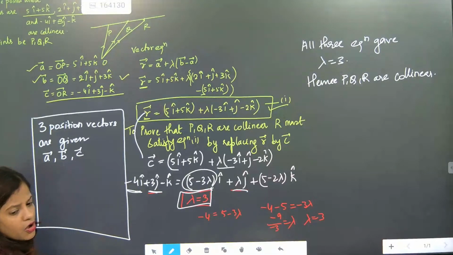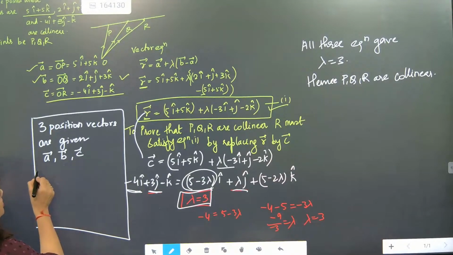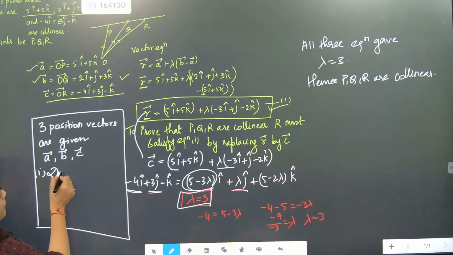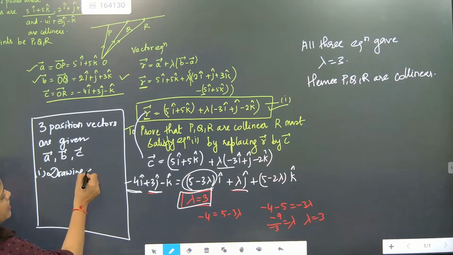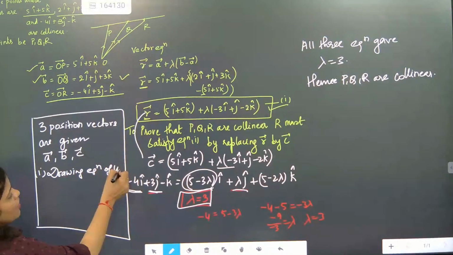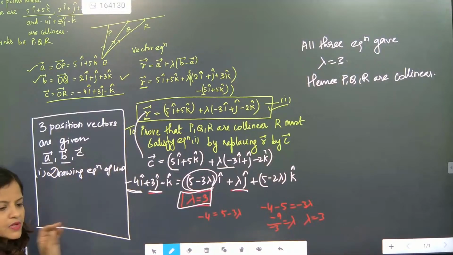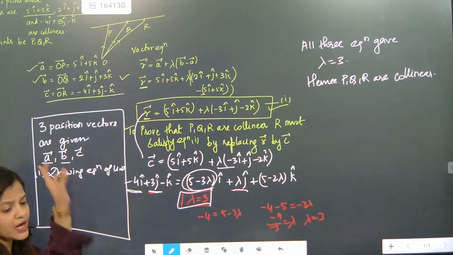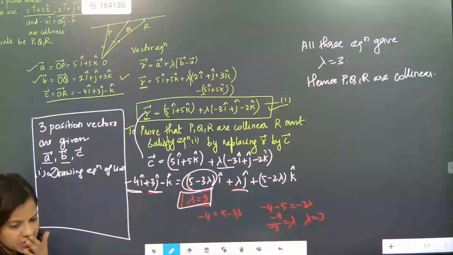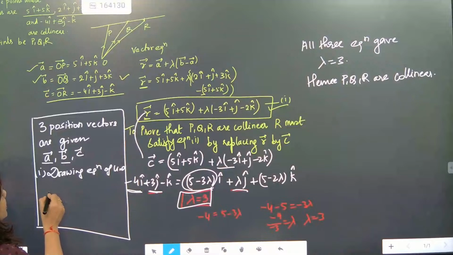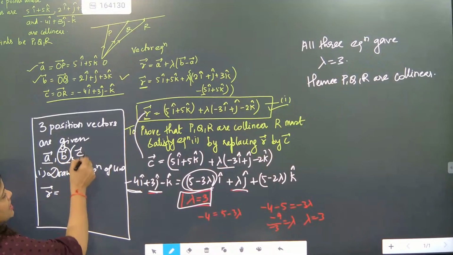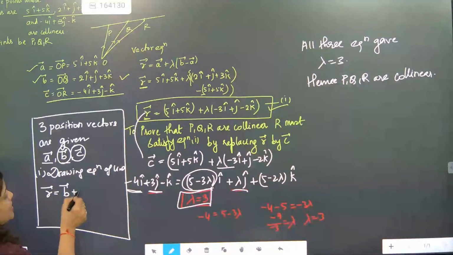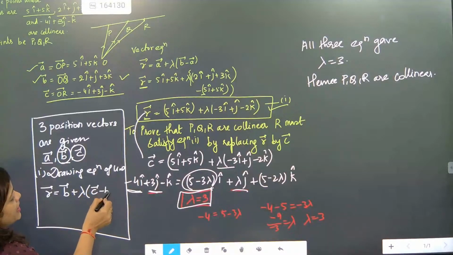We will draw the equation of a line. First step, drawing the equation of a line. How will we draw it? Any two you take. You can take A and B, or B and C, or A and C, and make an equation. So how are you going to make the equation? R vector is equal to, when you are taking B and C, then it will become B vector plus lambda (C vector minus B vector).